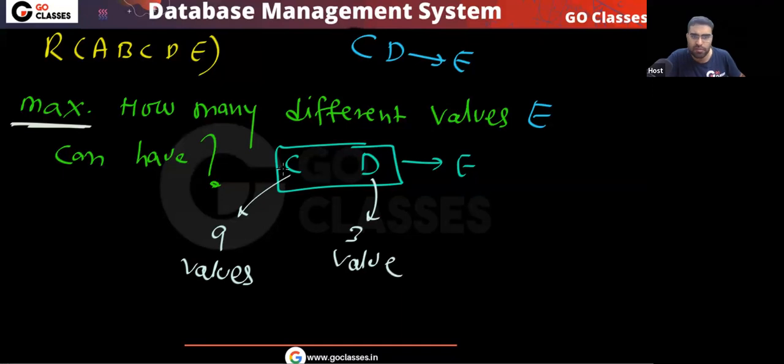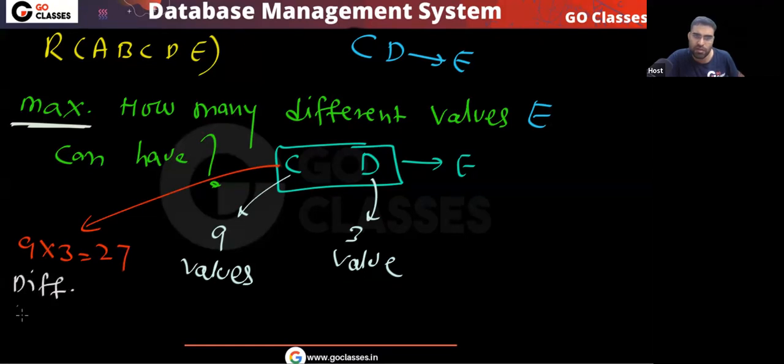So how many CD combinations are possible? 9 into 3, that will be 27. 27 different CD combinations are possible.